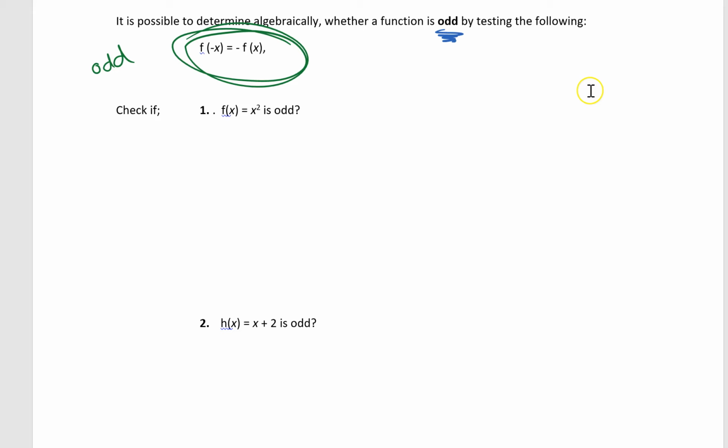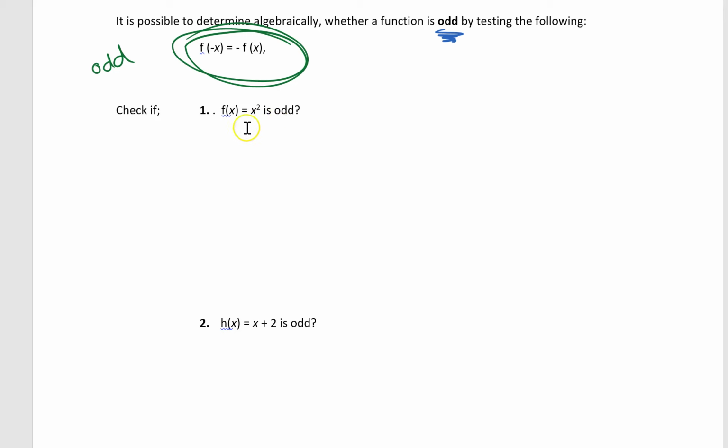So for example, if you've shown that a function isn't even, so you've gone through the process for an even function and you found that it failed that test, it's not appropriate then just to automatically say, oh, well, it must be odd. No, odd or even are not the only two types of functions. So a function could be odd, it could be even, or it could be neither. And it's not until you've tested both odd and even and found they failed that you would actually conclude that the graph was neither odd nor even.